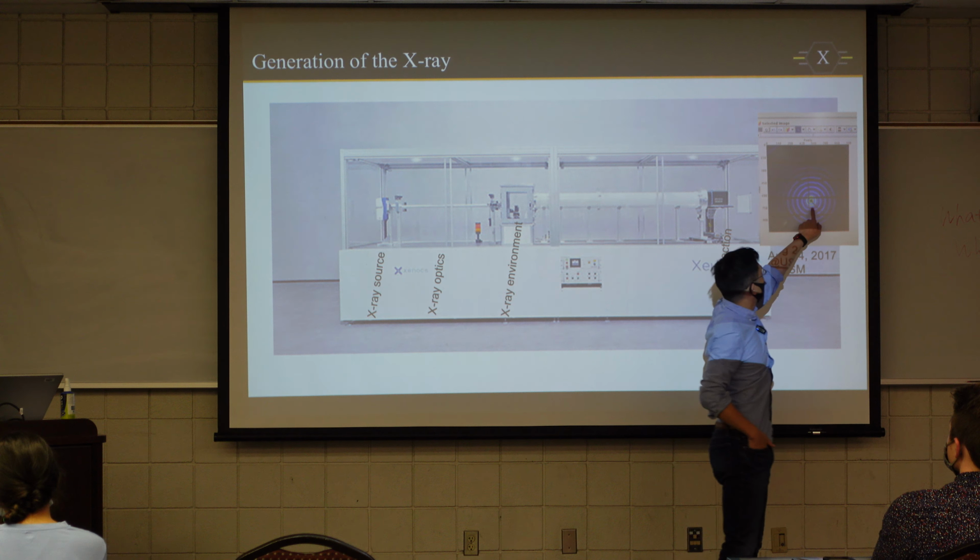Generally, small angle means theta is smaller than a few degrees. Commonly, theta will be less than, I would put a number, 2 to 3 degrees. In X-ray scattering, we measure Q, and Q also translates to scattering angle.